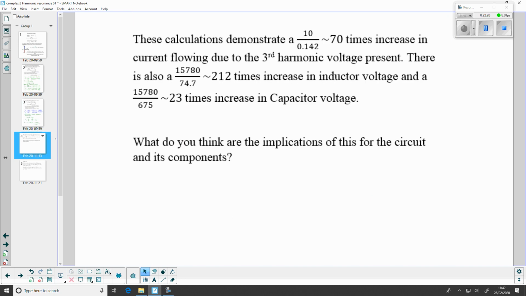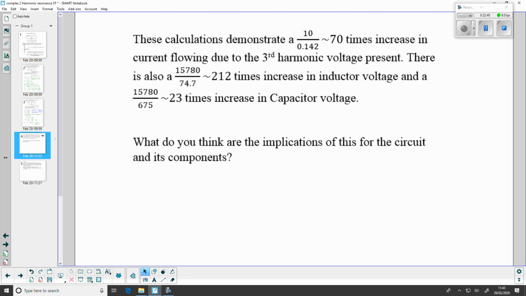These calculations demonstrate a 70 times increase in the current flowing at the third harmonic, for the intended applied voltage. There's also a 212 times increase in the inductor voltage and a 23 times increase in the capacitor voltage.